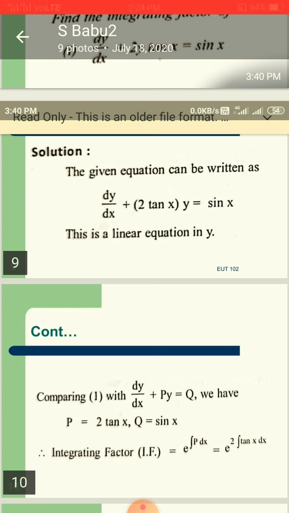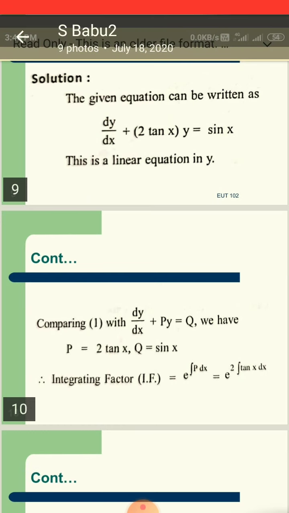So compare it with dy by dx plus Py is equal to Q, where capital P and capital Q are functions of x. When we compare it with the above equation, we get capital P is equal to 2 tan x and capital Q is equal to sin x.